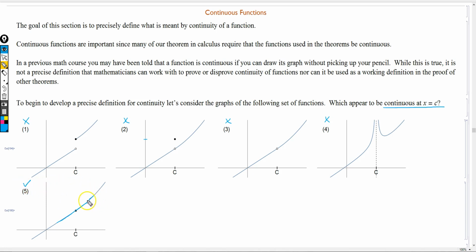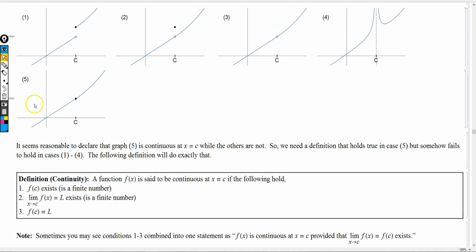Now let's take a look at a definition and see that this definition is satisfied by graph number 5, but not by the other 4 graphs. And that'll be our working definition for a continuous function. So here is our definition. We say that a function f of x is said to be continuous at x equaling c if the following conditions hold.